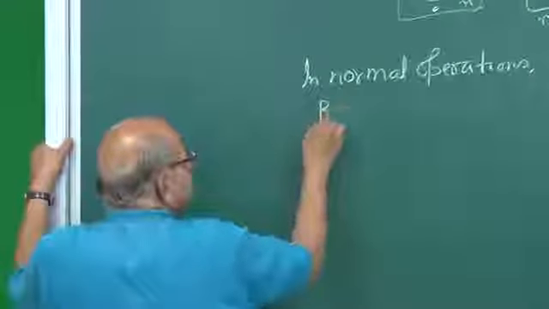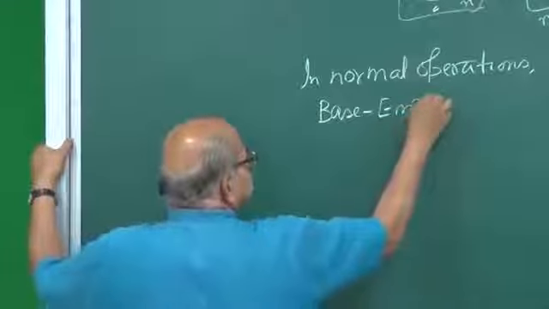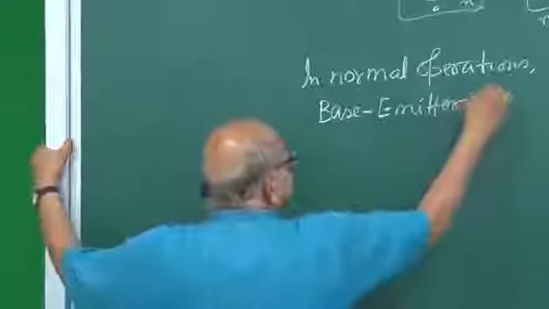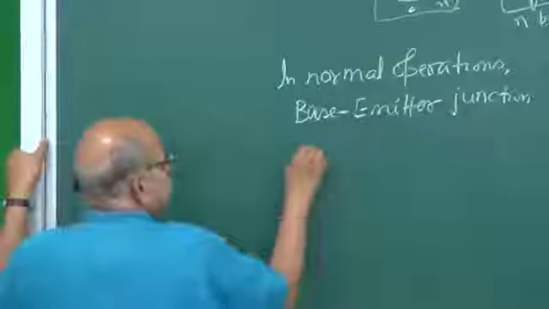This base emitter junction, and junction means PN junction, is forward biased.